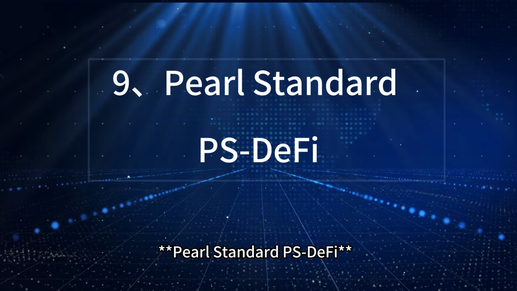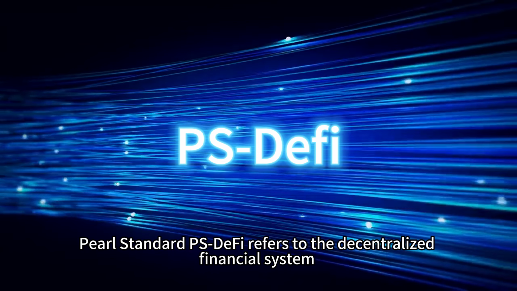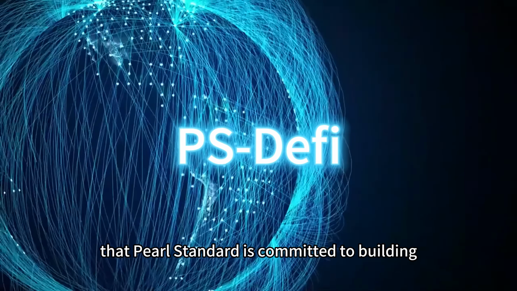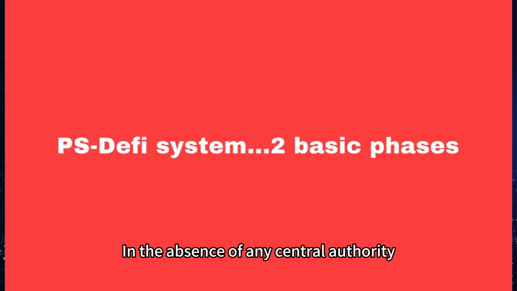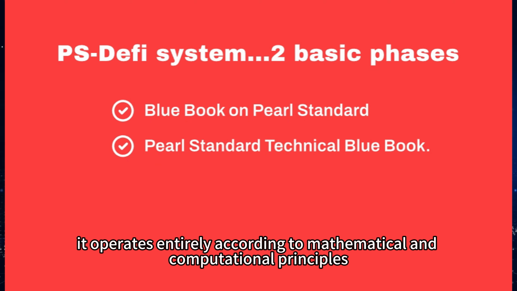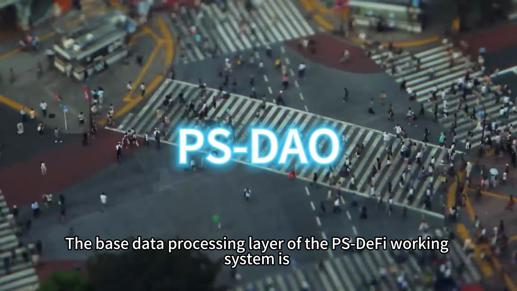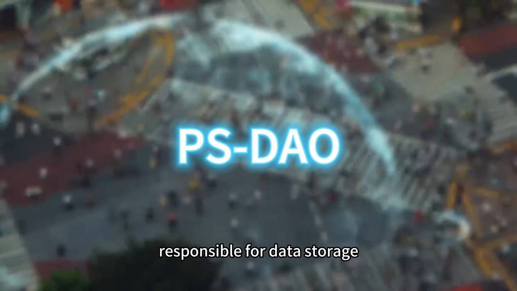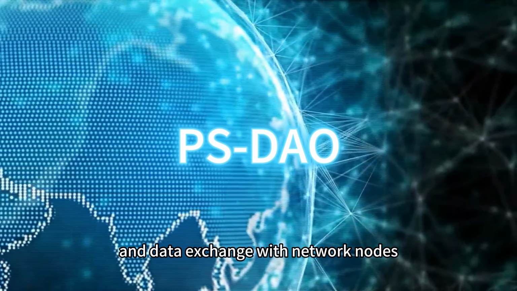9. Pearl Standard PS-DeFi. Pearl Standard PS-DeFi refers to the decentralized financial system that Pearl Standard is committed to building. In the absence of any central authority, it operates entirely according to mathematical and computational principles. The base data processing layer of the PS-DeFi working system is responsible for data storage, verification, and data exchange with network nodes.